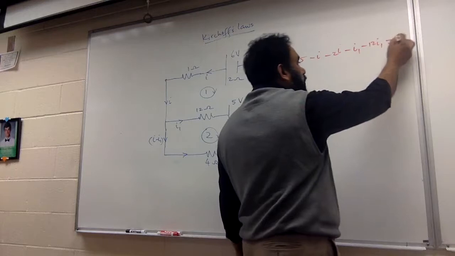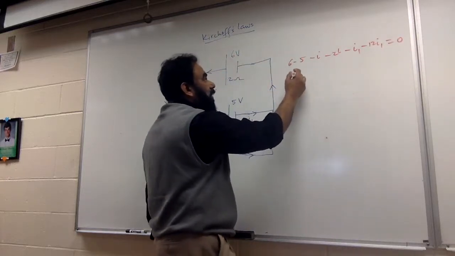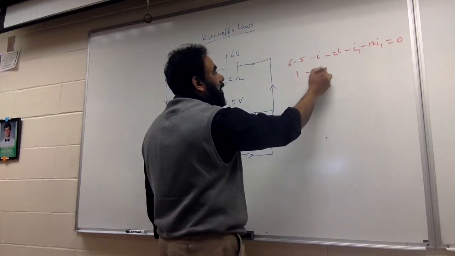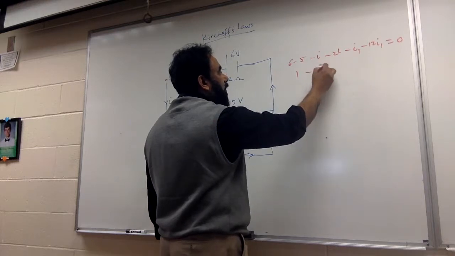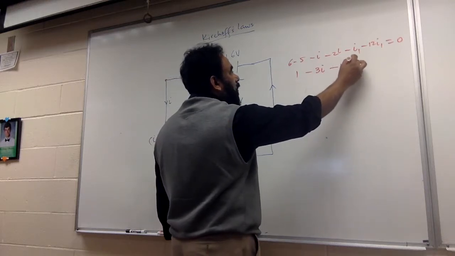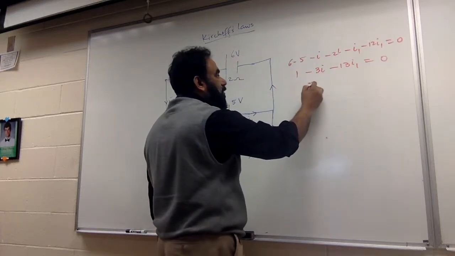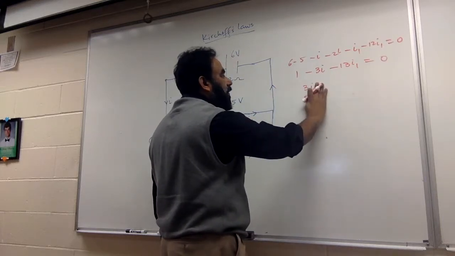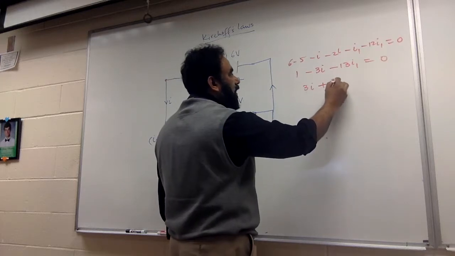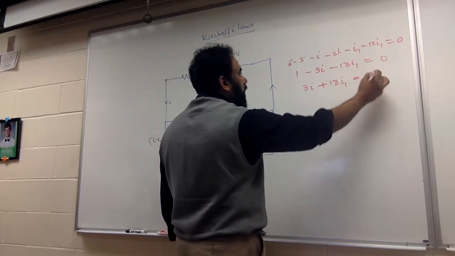So 1 minus 3I minus 13I1 is equal to 0. If you simplify this equation, 3I plus 13I1 is equal to 1.